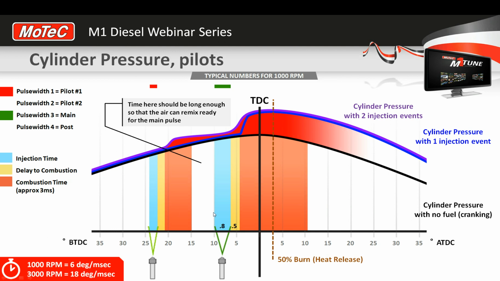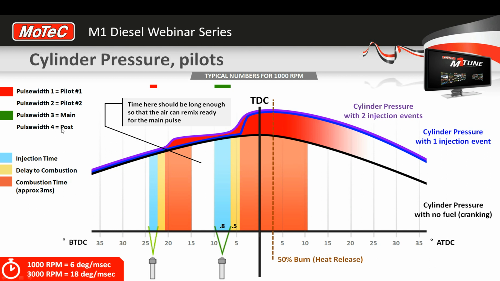You can define that it stays a set amount away from the main, let's say 20 degrees or 15 degrees always away from the main timing, or you can have your own three-dimensional timing for your individual pilot. So you can have a 3D injection timing for your pilot 1, a 3D injection timing map for your pilot 2, and a 3D injection timing map for your main.